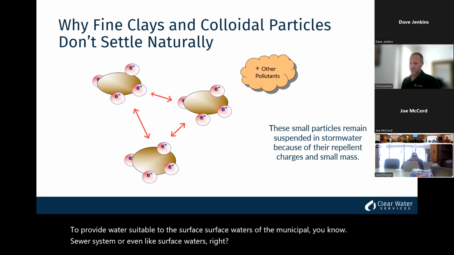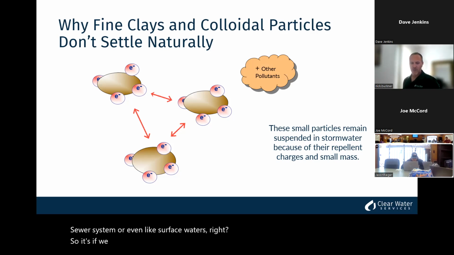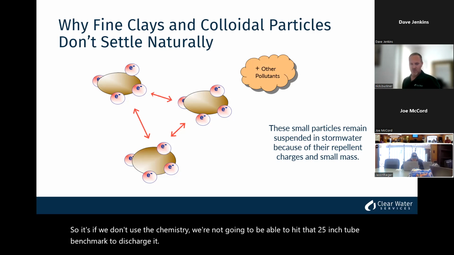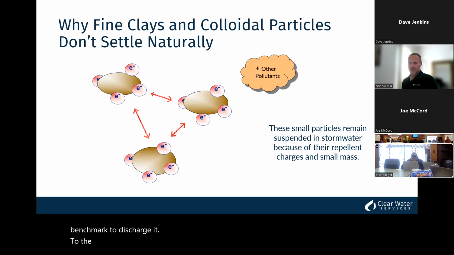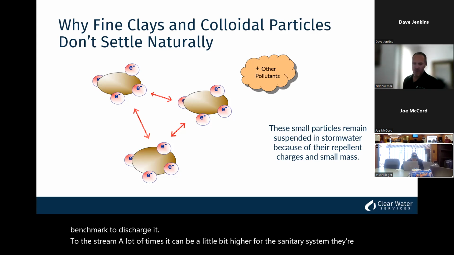So if we don't use the chemistry, we're not going to be able to hit that 25 NTU benchmark to discharge it to the stream. A lot of times it can be a little bit higher for the sanitary system. They're just worried about the really heavy stuff.